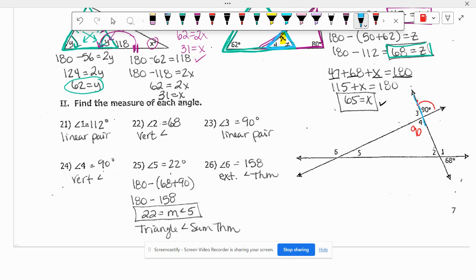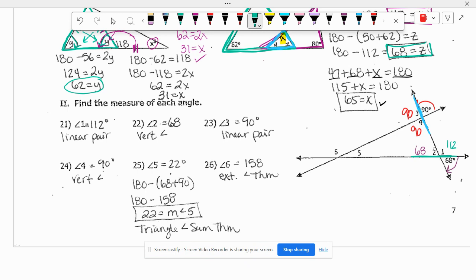But 3 and 4 form a linear pair, so angle 3 is also 90. Okay. But here at the bottom right, I have this angle is 68 degrees. So that means the measure of angle 2 is also 68 degrees because of vertical angles. But if angle 2 is 68, then angle 1 is 112 because they form a linear pair.